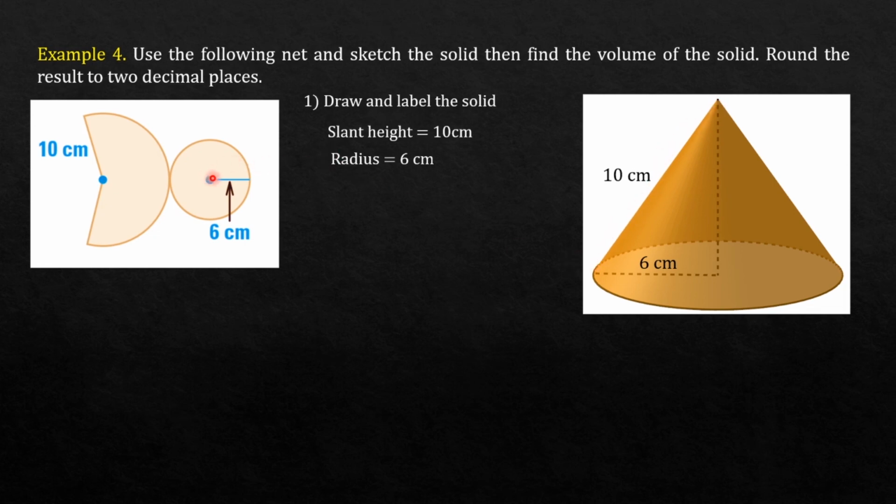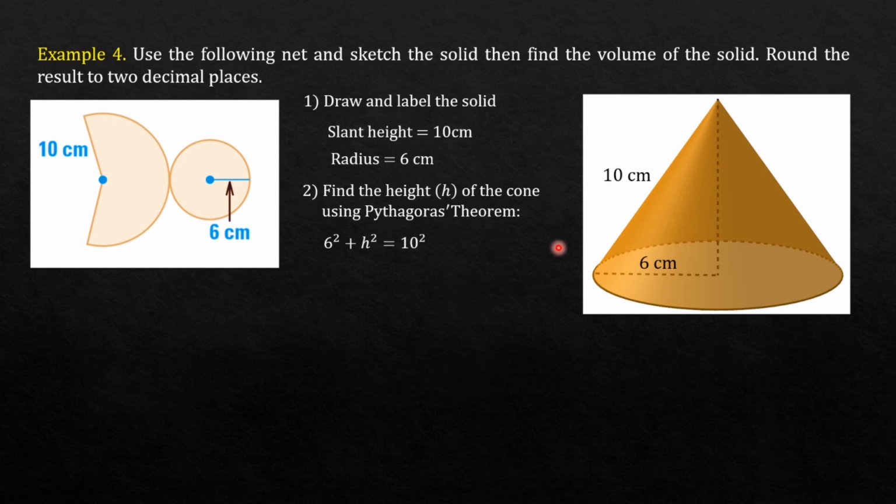And the radius of the base is given in this picture, and we convert that onto this picture here. Now we'll find the height of the cone using Pythagoras' theorem. 6 squared plus the height of the cone, h squared, equals 10 squared. And by rearrangement, the height of this cone is 8 centimeters.